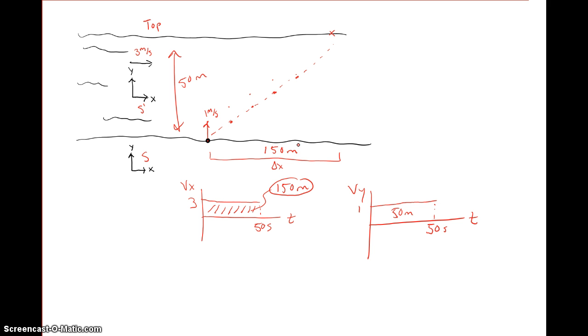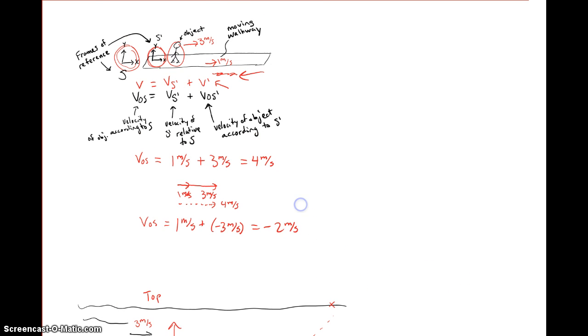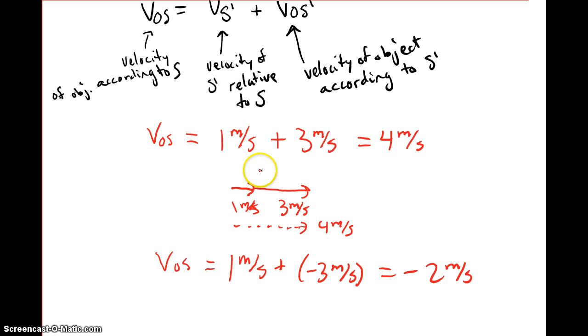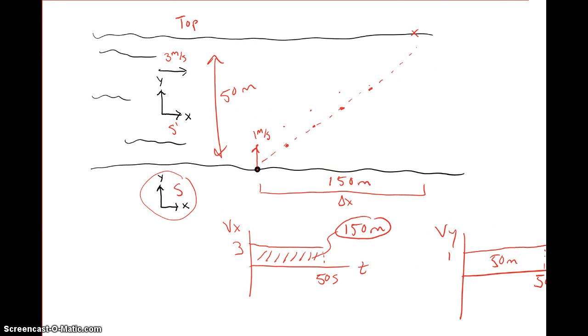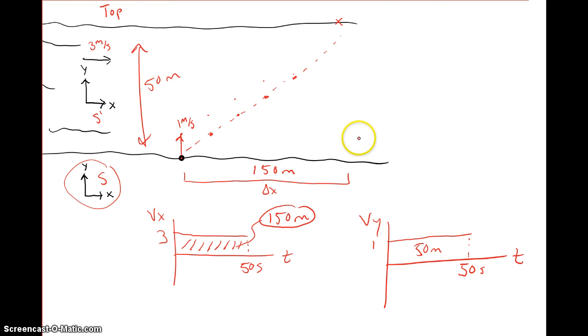Another common question is, well, what's your overall speed relative to S prime? So that's kind of like the last case where we can just look at adding the vectors. So if we look at this case, my velocity would be 1 meter per second plus 3 meters per second, tip to tail.